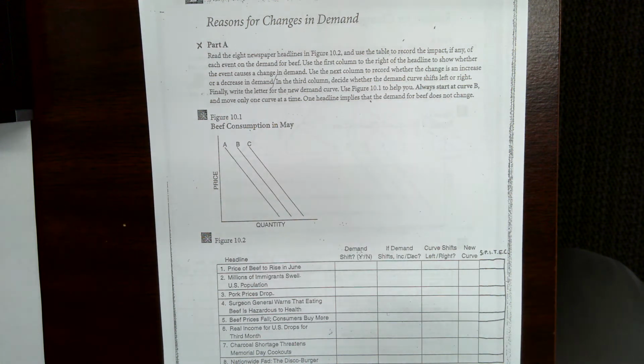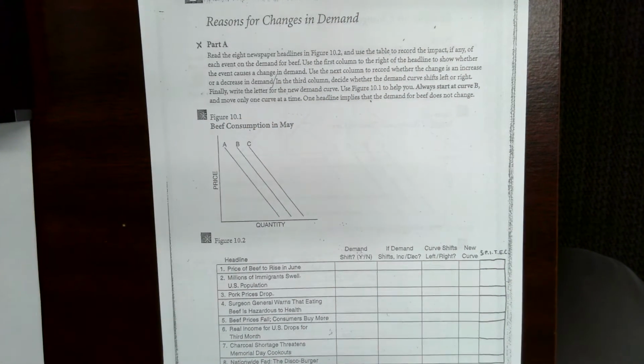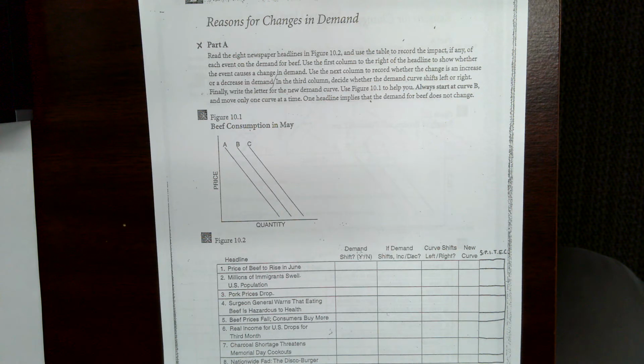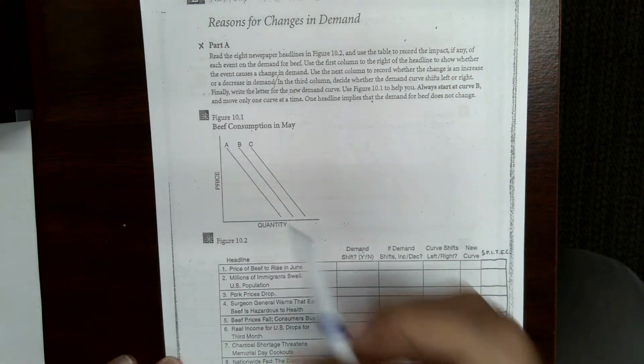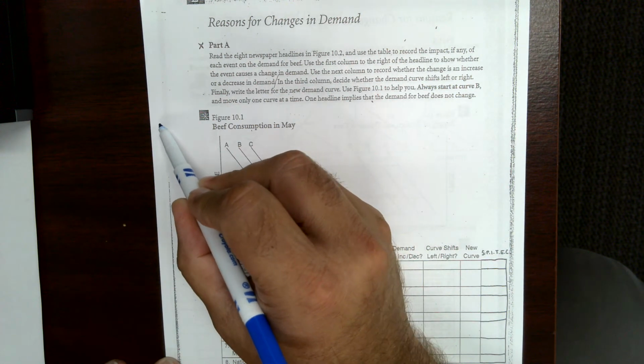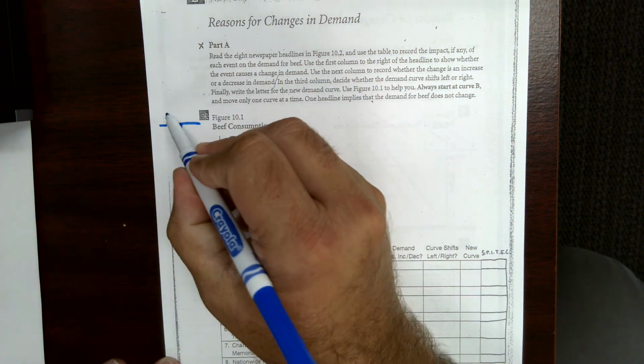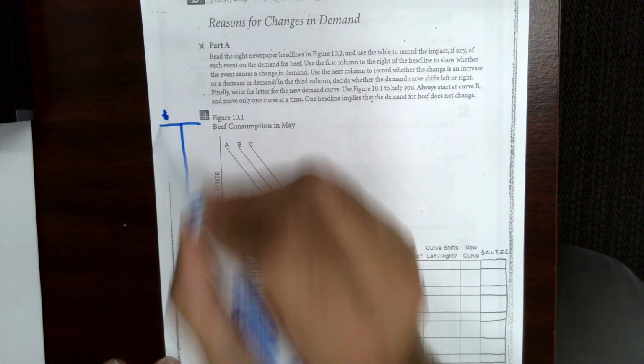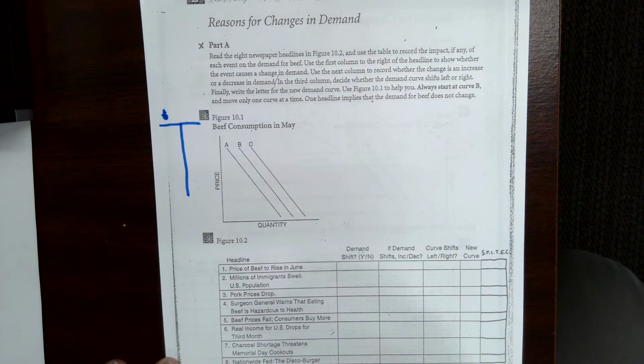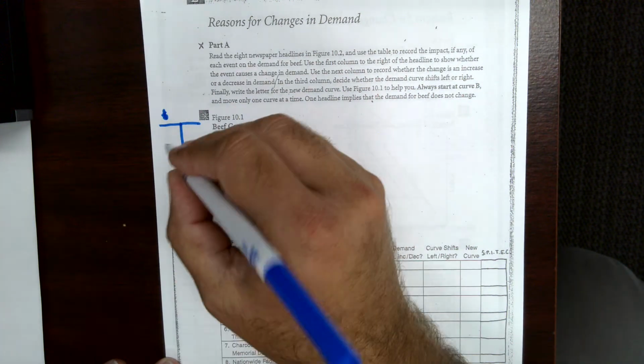When we talk about demand, what we're talking about is the quantity of an item that you as a consumer are wanting to demand. Over here on the left-hand side, let's draw in a little box. What we're going to put down is what you're willing to pay, at a given price.